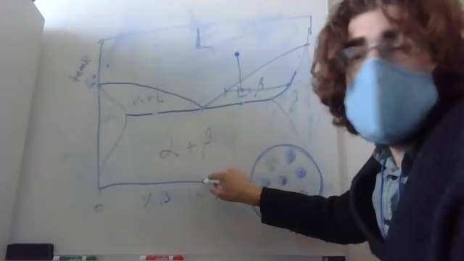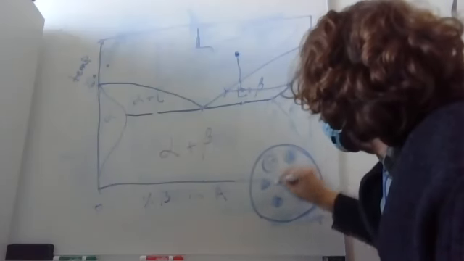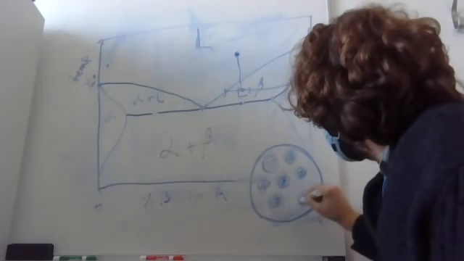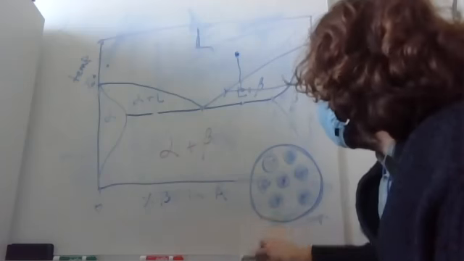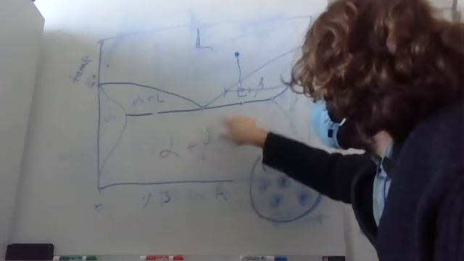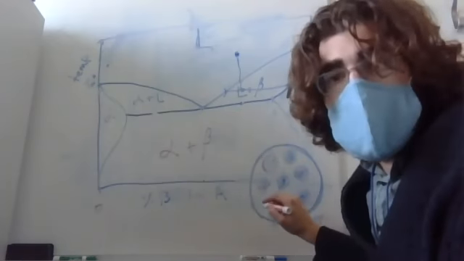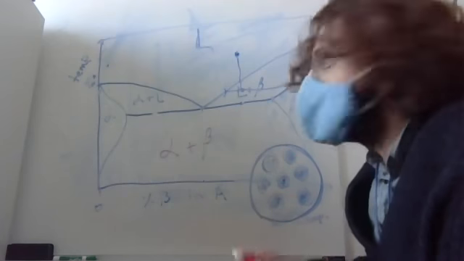So then we have these huge beta crystals that form, and as soon as we traverse this point here, whatever is left precipitates out as the alpha phase.